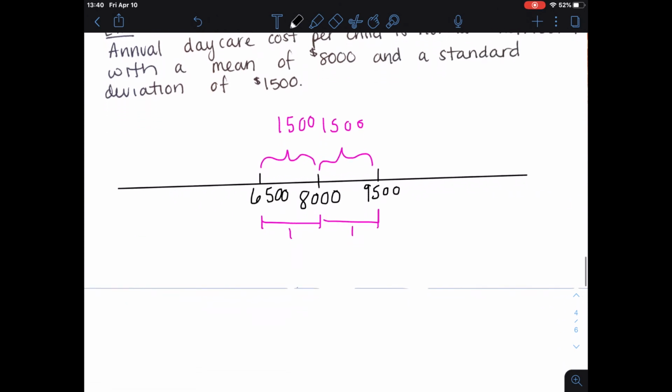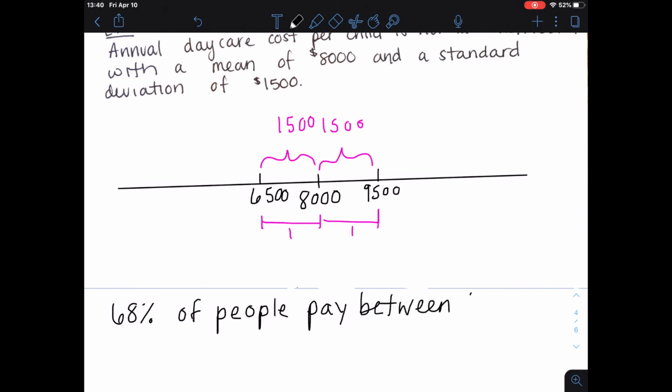So what that tells us is that 68% of people pay between $6,500 and $9,500, because 68% of the data is going to lie within this range of 1 standard deviation.